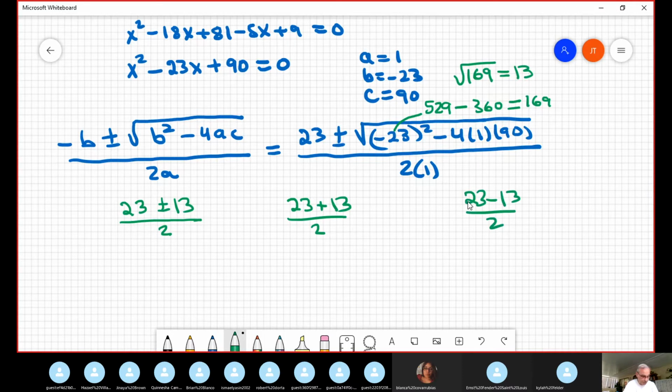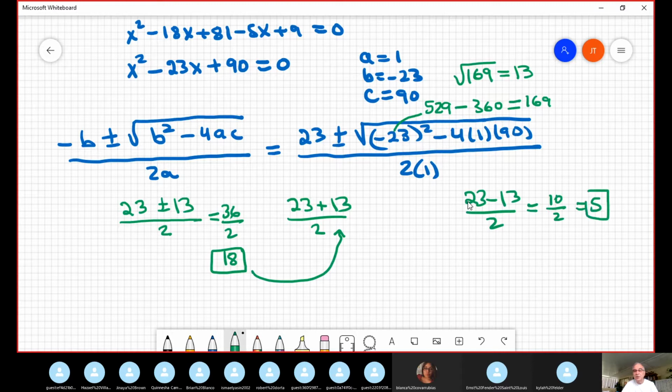23 plus 13 is 36. 36 divided by 2 is 18. And this is my first potential solution. And the other is 10 over 2, which is 5.